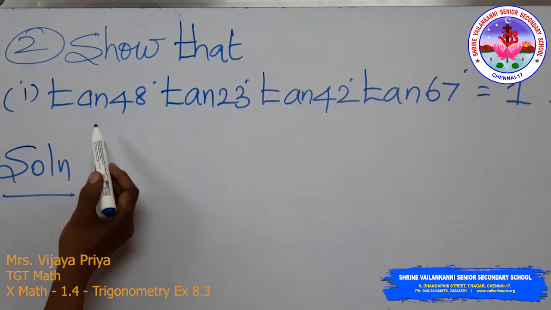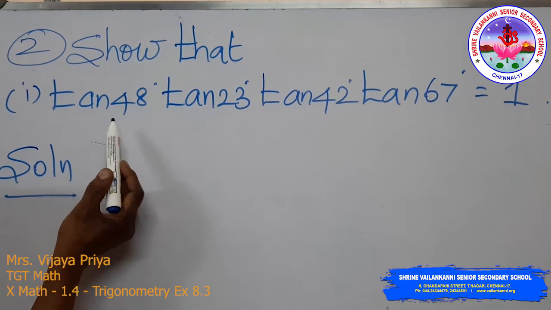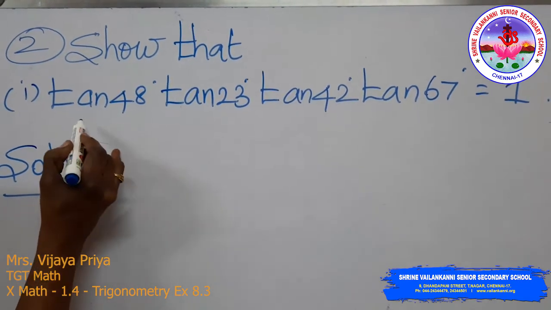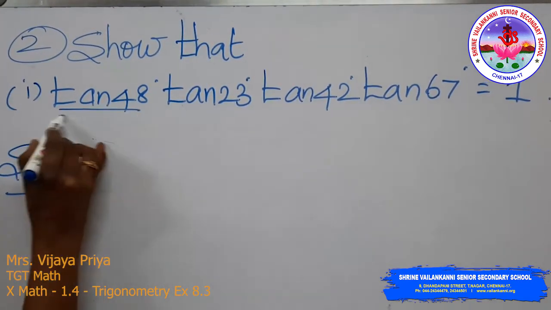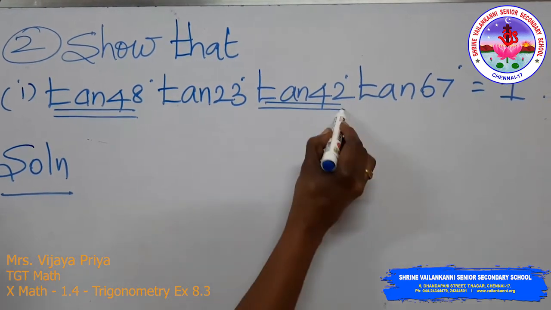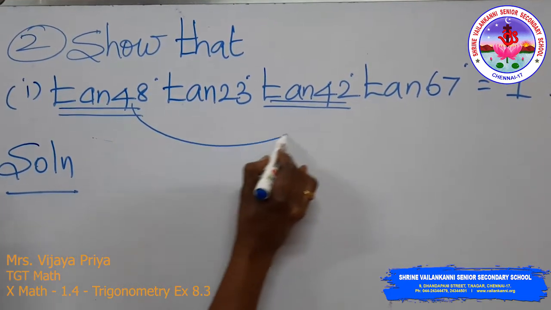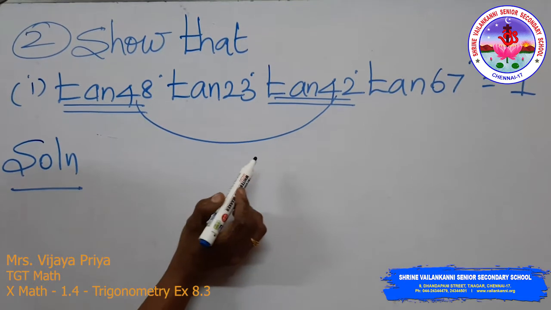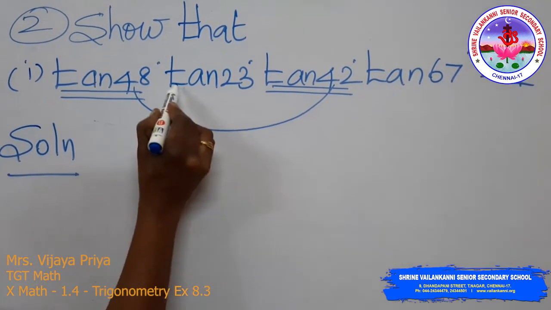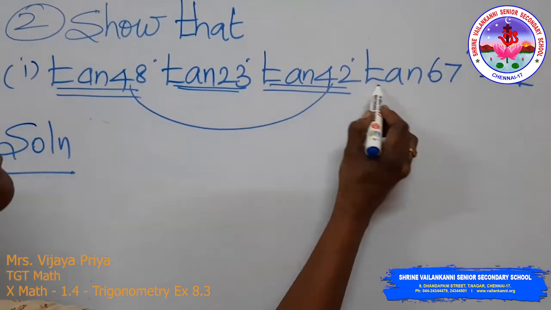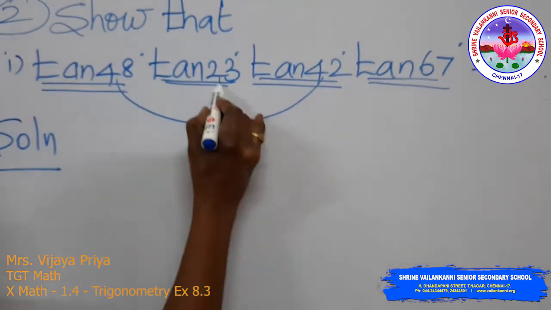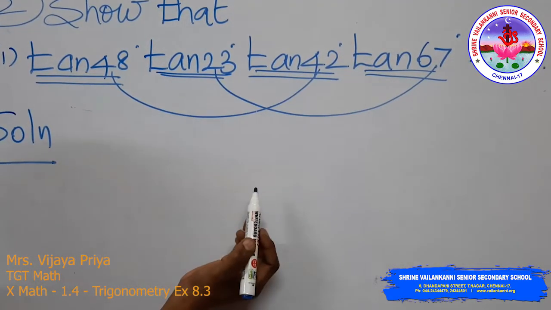First, you want to select the functions whose angles are complementary. So I am selecting tan 48 and tan 42 so that my 42 and 48 are complementary. Next, tan 23 and tan 67 whose angles are complementary.